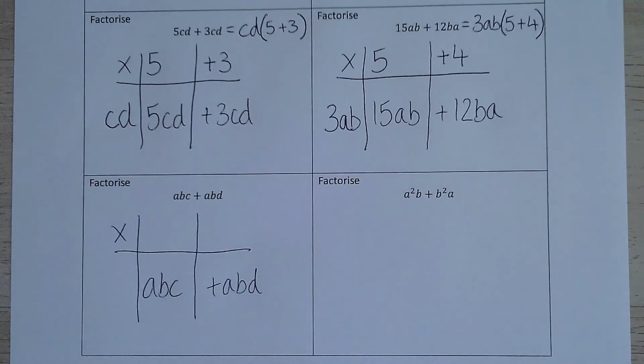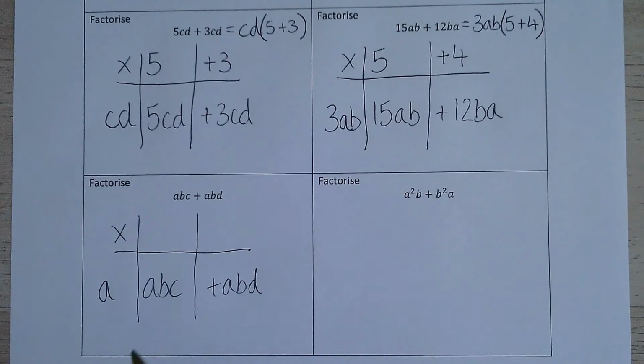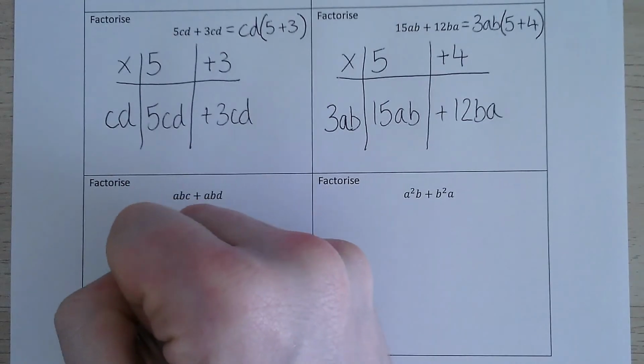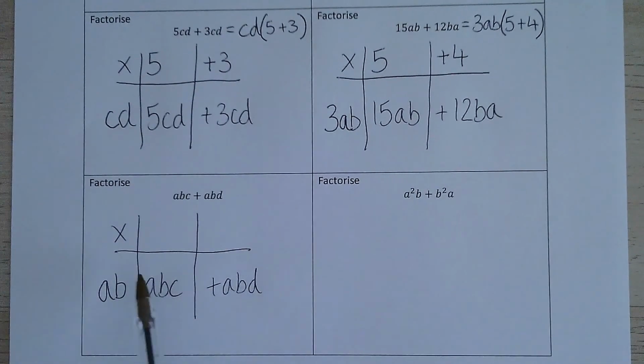So we go straight to checking for variables that appear in both terms. Both terms have a variable of A, so that can be written on the left, and both terms have a variable of B, so that can also be written on the left. C and D will not be written on the left because they don't appear in both terms.